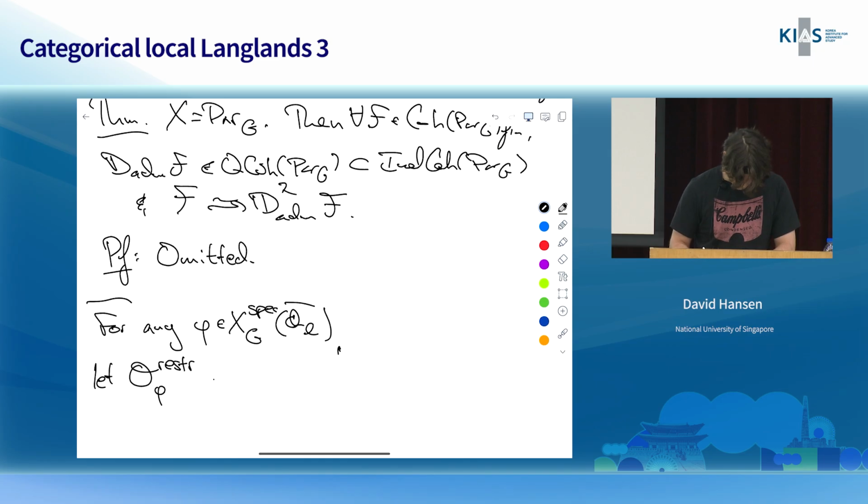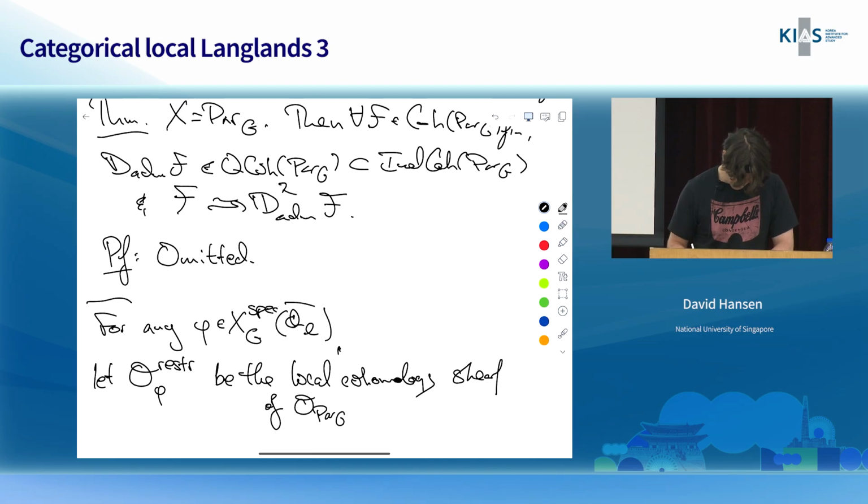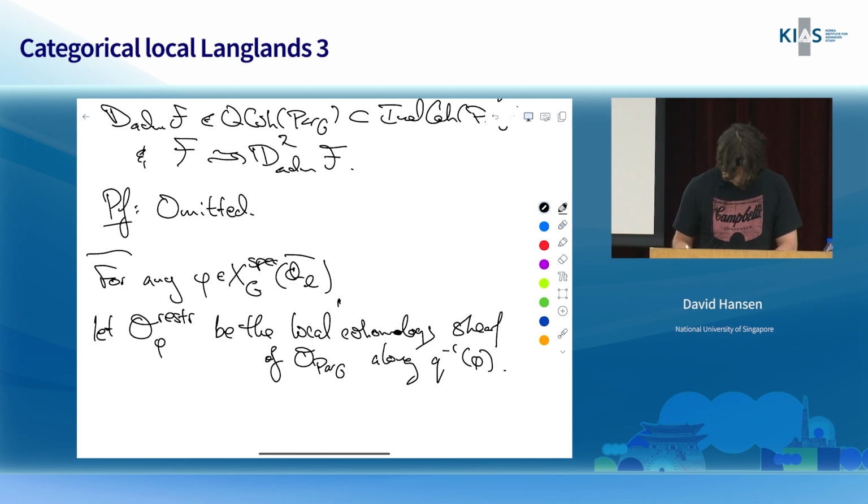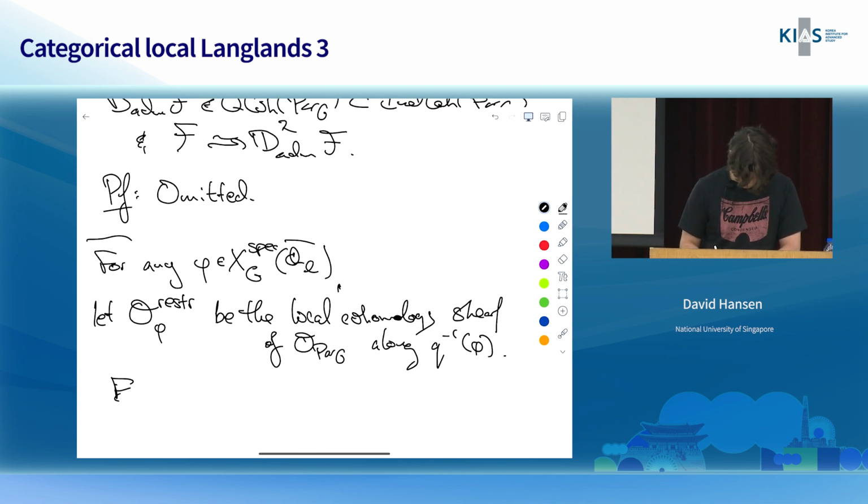So let this be the local cohomology sheaf of O par G along the fiber Q inverse phi. Okay, so this looks terrible, but it's not, so explicitly.